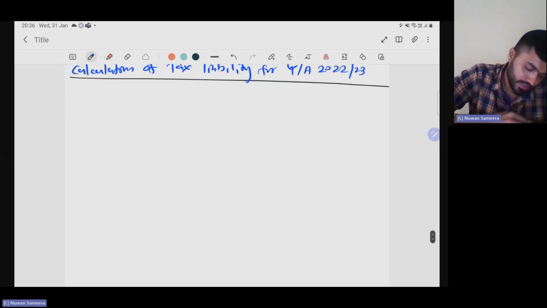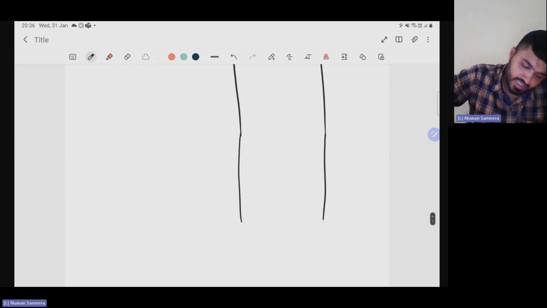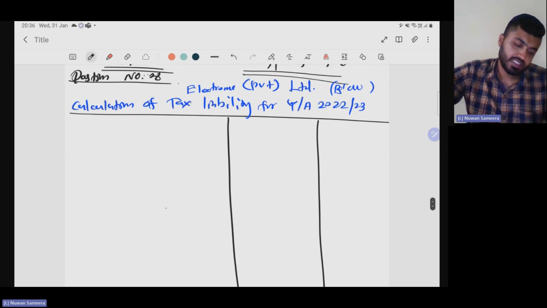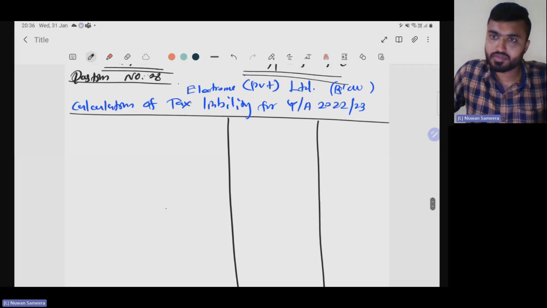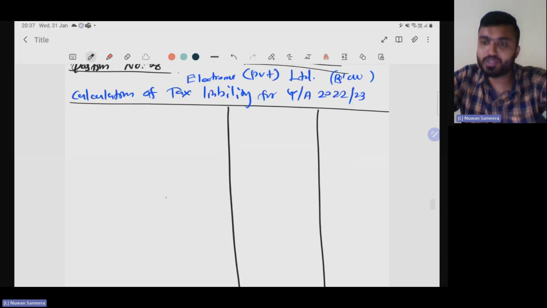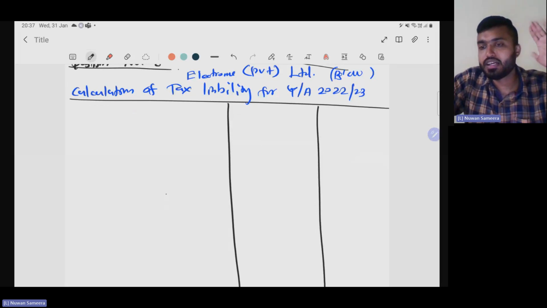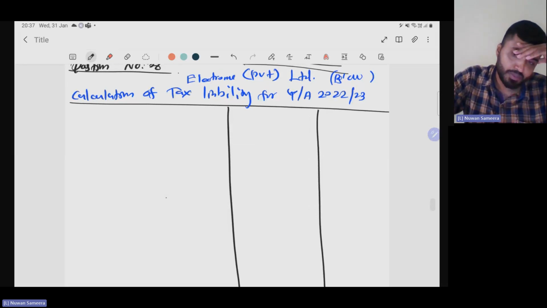So this is the structure. There are many differences when calculating company tax. For a company, you should keep in mind there is no employment income, so you cannot apply employment income for the entity.